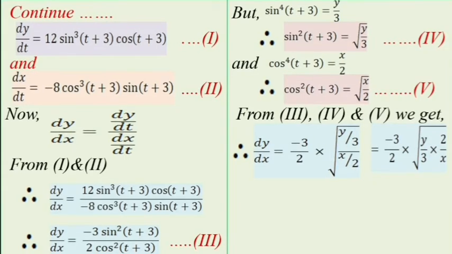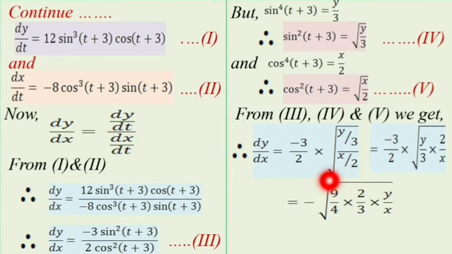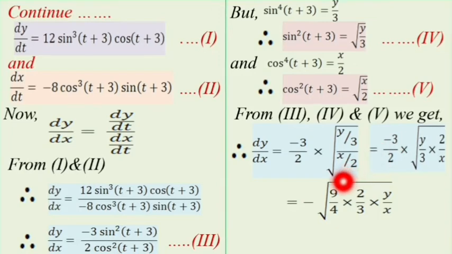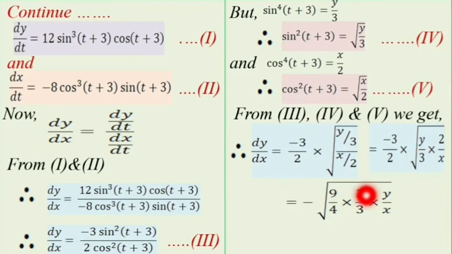Therefore we get dy by dx equal to minus 3 by 2, taken in the root, and that becomes 9 upon 4 into 2 upon 3 into y upon x.